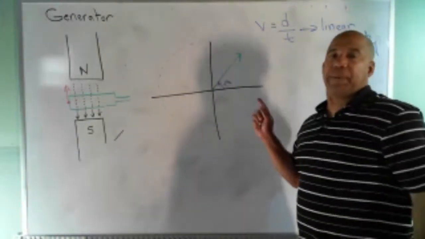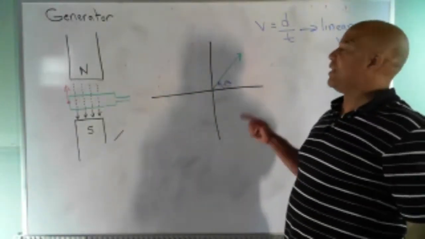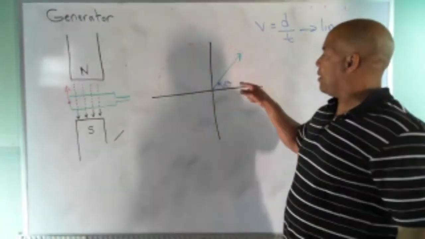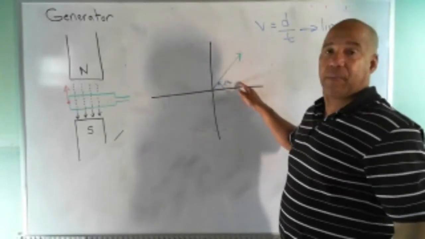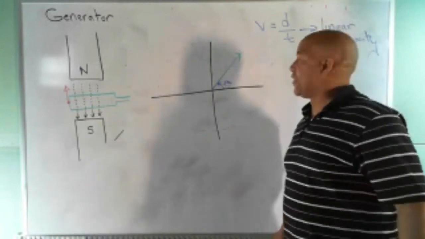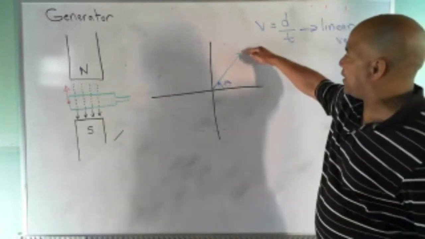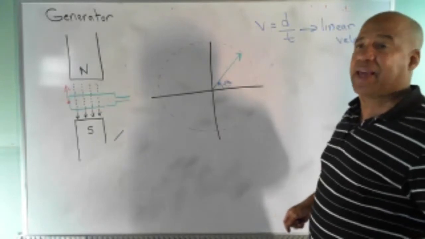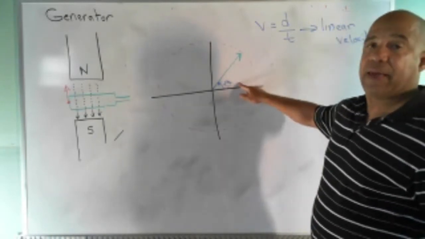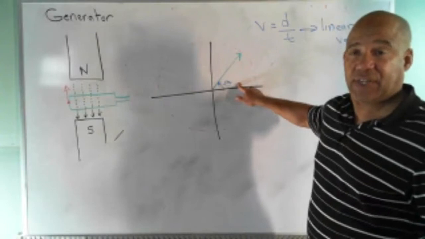But something else up here is changing with time. And the thing that's changing with time is that angle. That angle is getting bigger with time. And so just like I can take this distance, d, and divide by time, I can do the same thing with the angle. I can take the angular distance and divide by time.